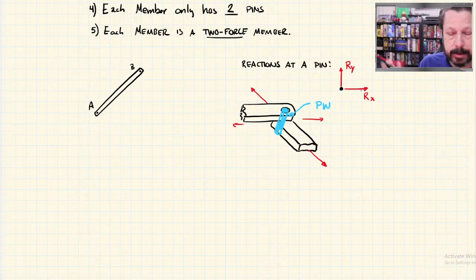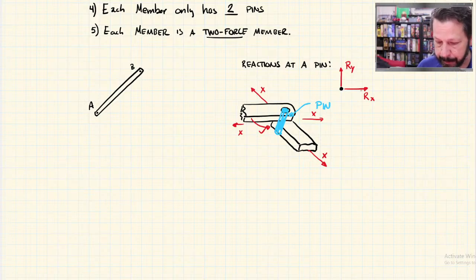So that pin keeps the joint stable in those two directions, but if it's frictionless it lets things rotate. This little piece up here could swing around. It can't move in any of those directions, but it could move around the pin, except there's probably other pins somewhere else in the truss holding it still.